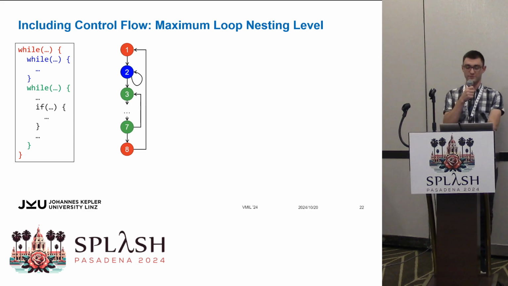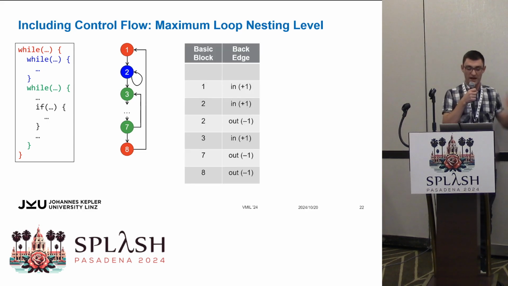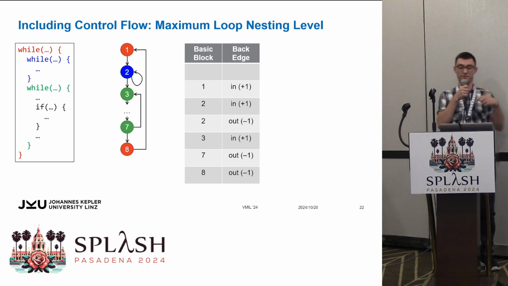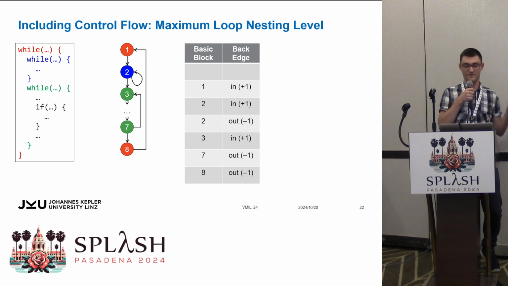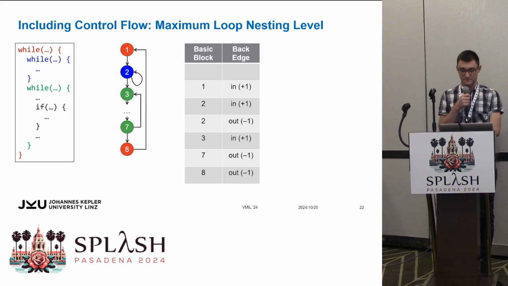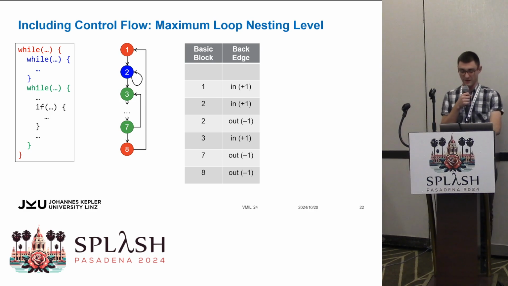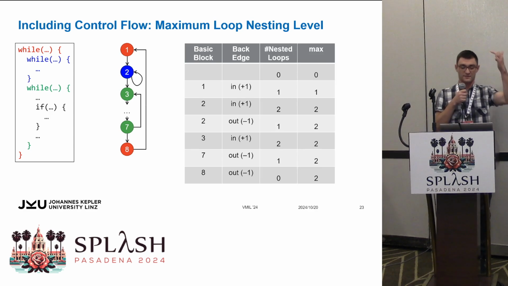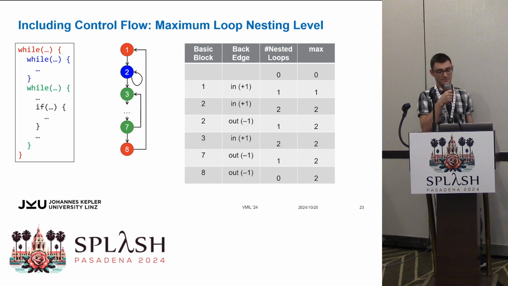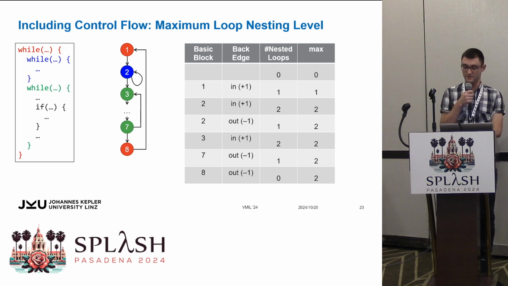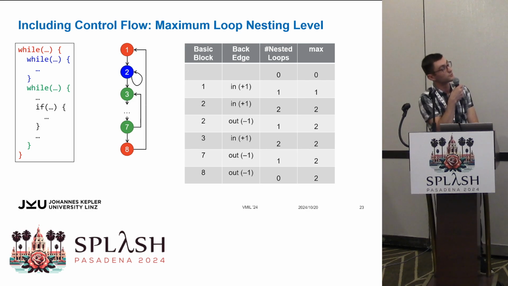What we do here is we enter the basic blocks with a back edge, either ingoing or outgoing. We put them in a sorted list, and if it's an ingoing edge, we know that the loop level will increase. If it's an outgoing edge, we know that the loop level will decrease. So we just iterate at the end over this table, and then can determine the maximum number of loops.